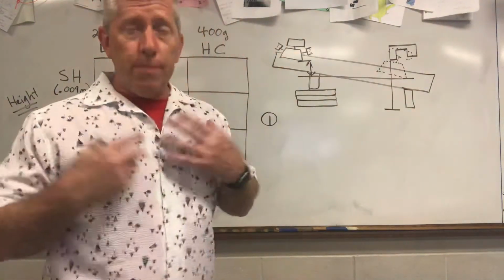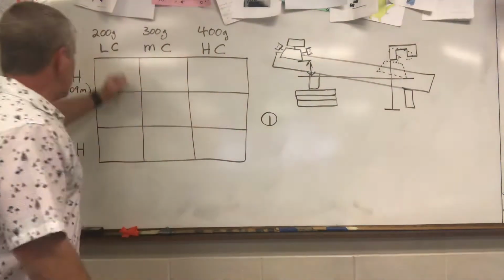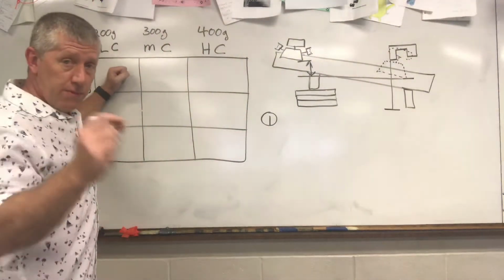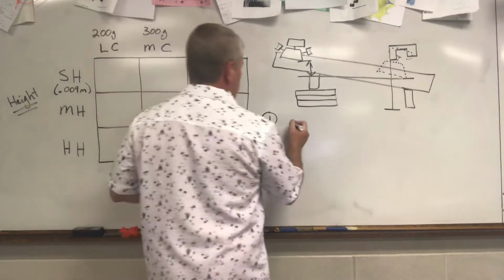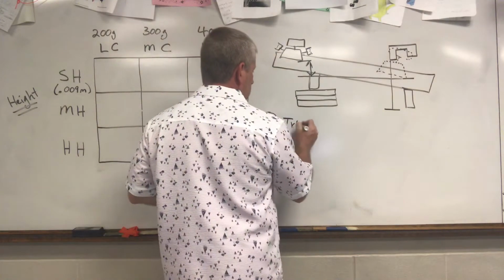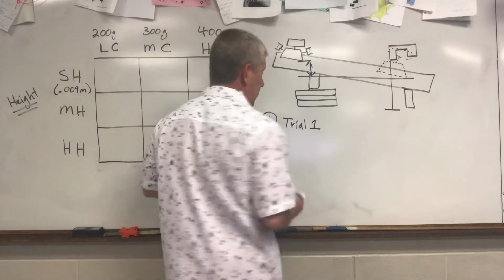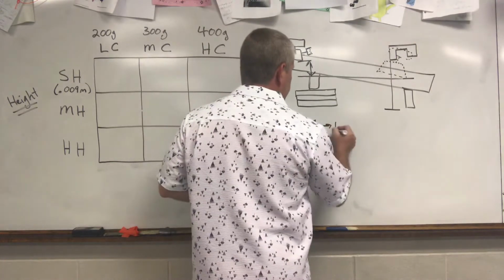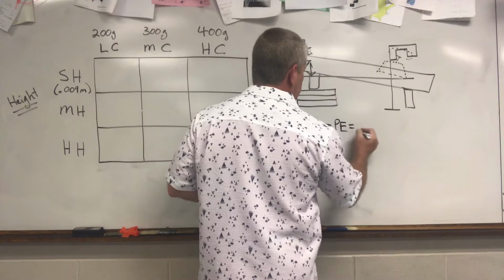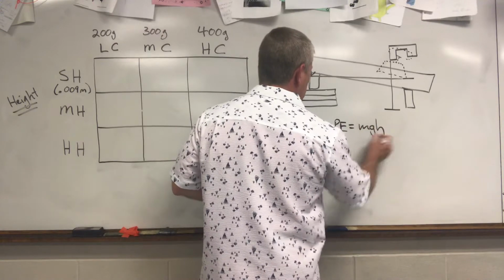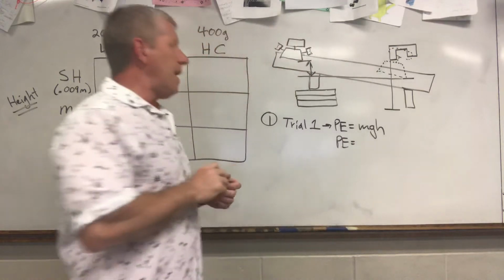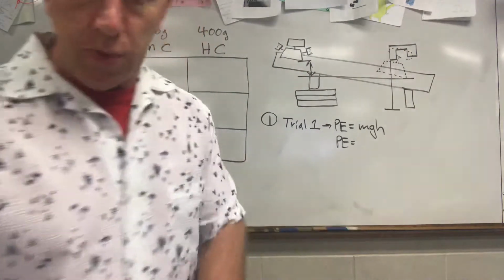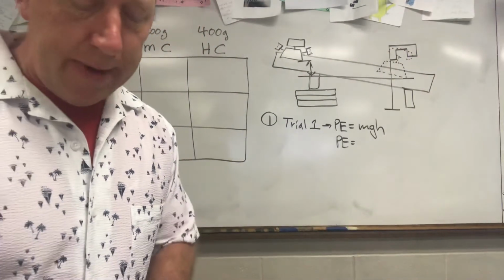But here's what I would do. So my very first trial, I'll do this one for you. For trial 1, the PE equals mgh. You don't have to show these calculations for each trial. It gets really repetitive.